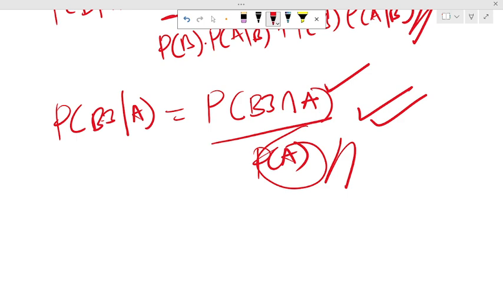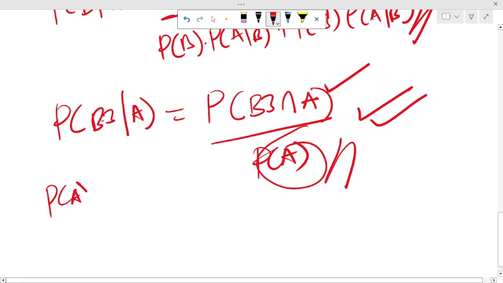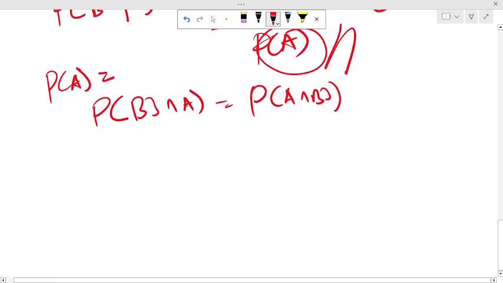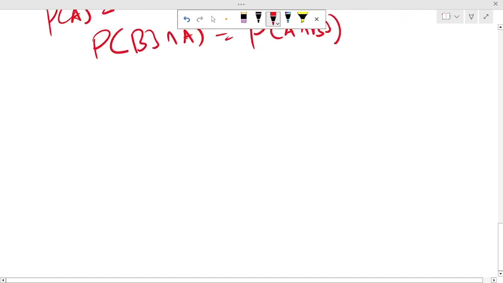Okay. So now we already know the probability that A would occur, or the probability of being defective, right? Now what we have left to find is B3 intersection A, and this is also A intersection B3, right? So this can be represented by the conditional probability law.